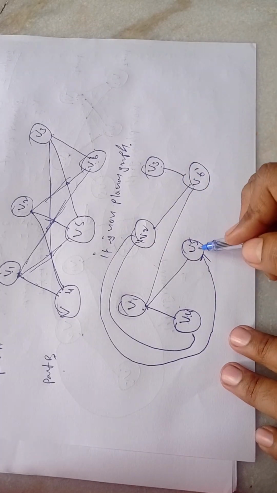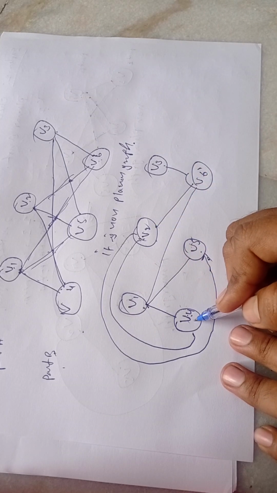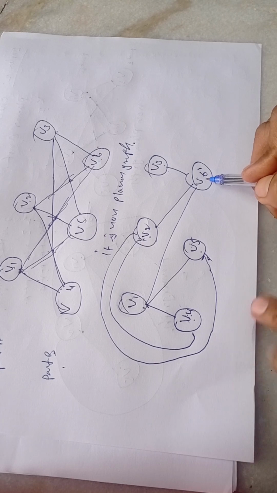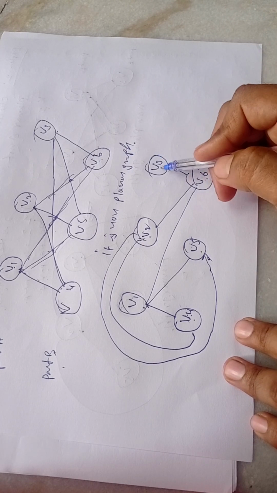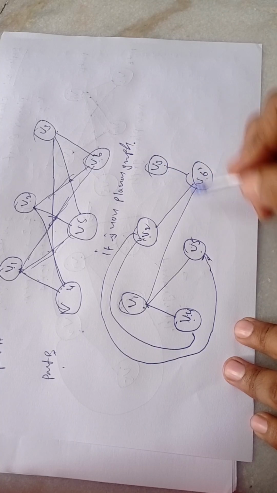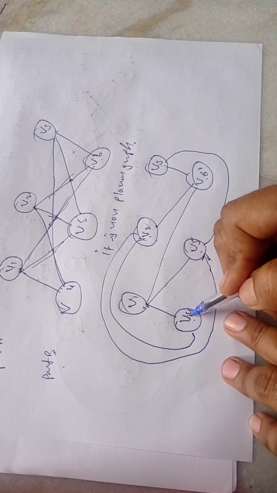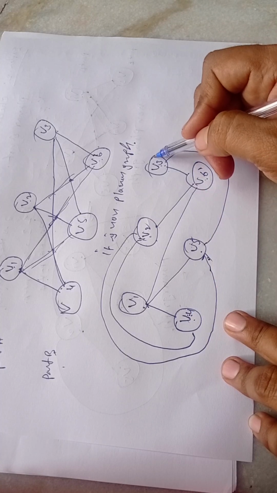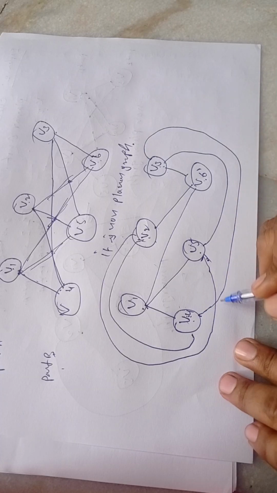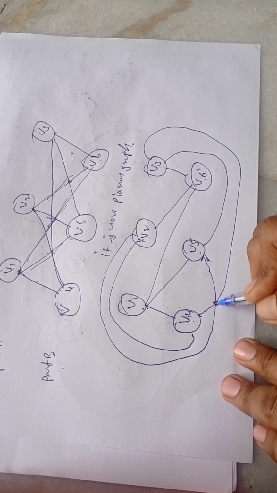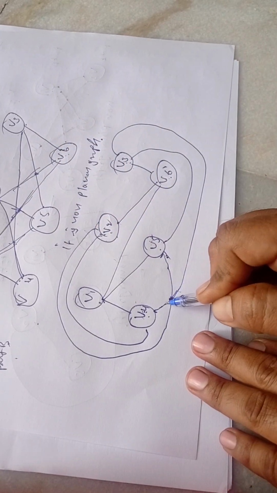Next V2 to V5, V2 to V4 and V2 to V6, and then V3 to V6, V3 to V5 and V3 to V4, which is crossing. Here are crossing edges, here a crossing edge, here crossing edges.